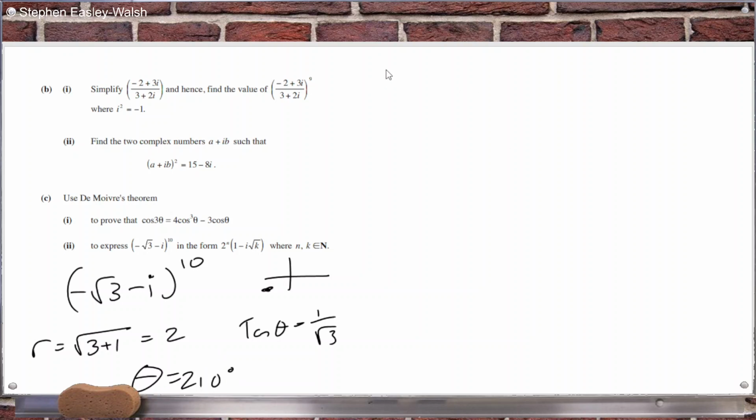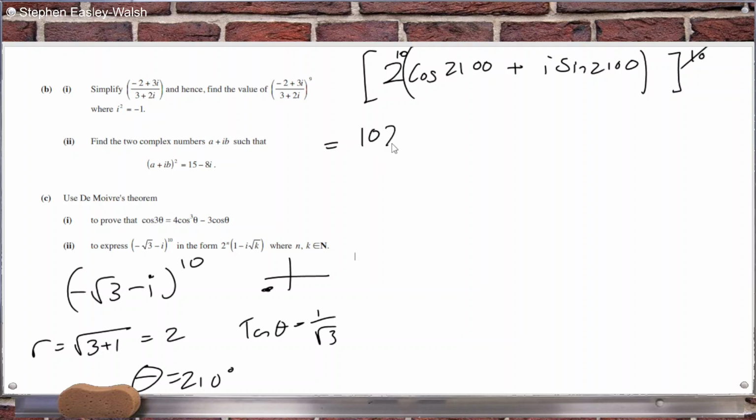So now we have 2 cos 210 plus i sine 210, power 10. So that will equal, the 10 is going to multiply here and go onto that. 2, 4, 8, 16, 32, 64, 128, 256, 1024.